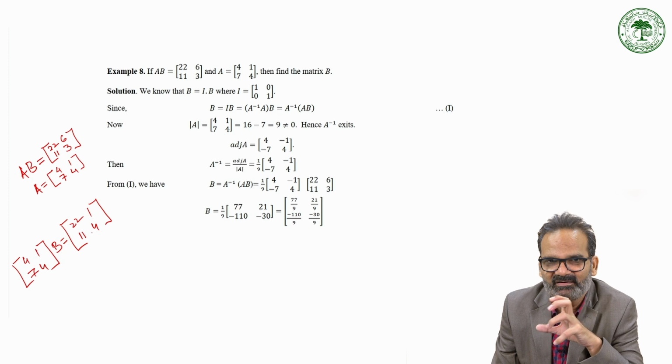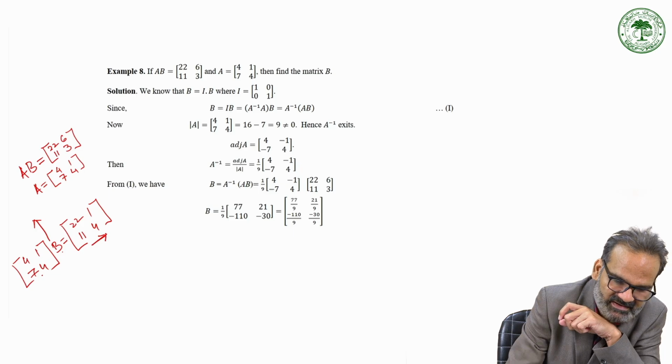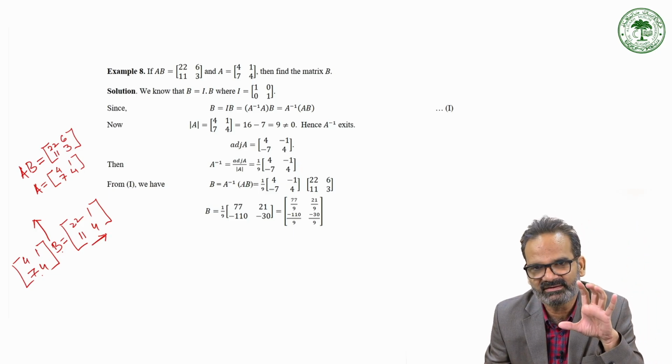So this is what we want to calculate. What should be the matrix B, so that the product of A and the matrix B should equal this matrix. Clear? This is what we want to calculate in this question, right?